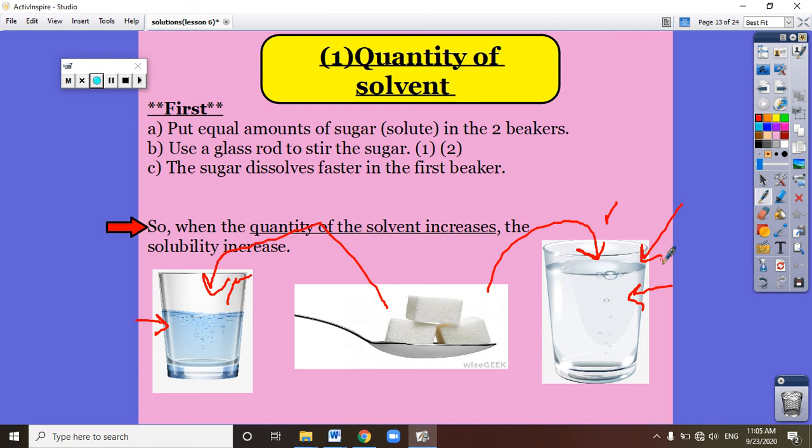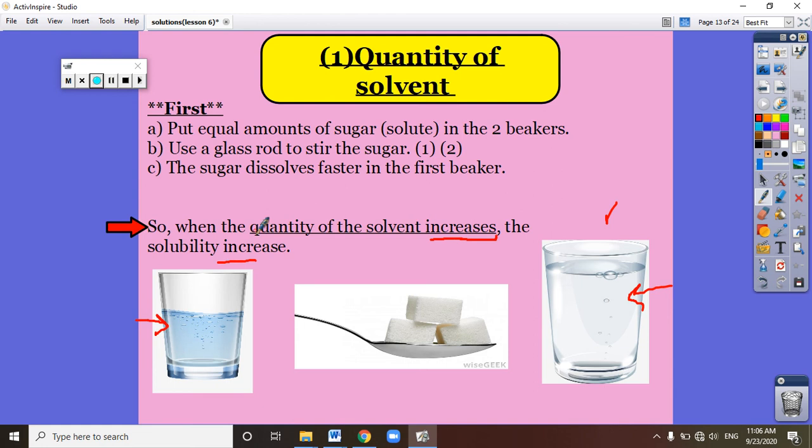So when the amount of the solvent increases, the solute dissolves fast or slow? The solute dissolves fast. So when we increase the quantity of the solvent, the speed of the solubility process will increase.